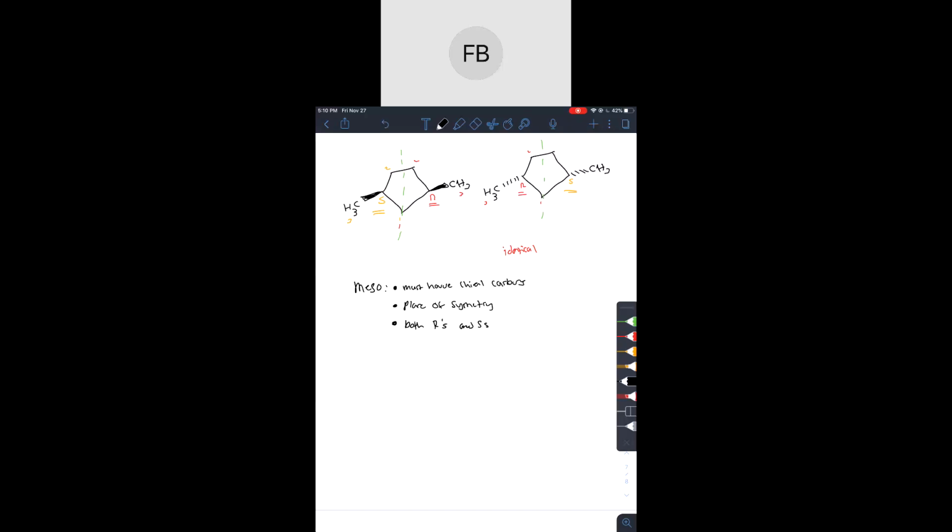So you have to find both R's and S's in there. If there's two chiral carbons, one has to be R, one has to be S. If they're both R, it's not meso. Although this section isn't really important if you understand planes of symmetry, then you'll understand that it's not really important.